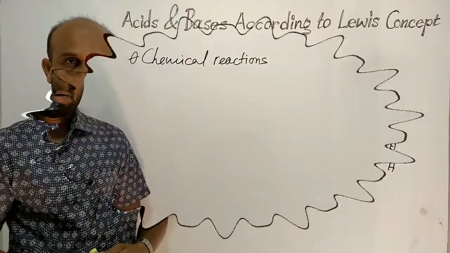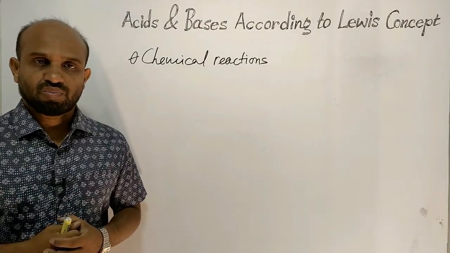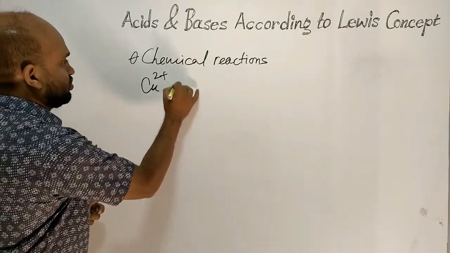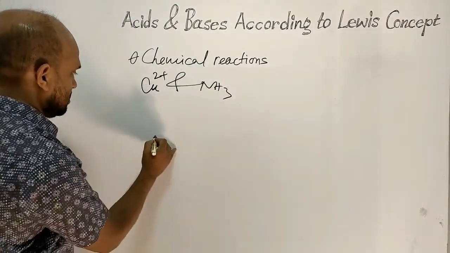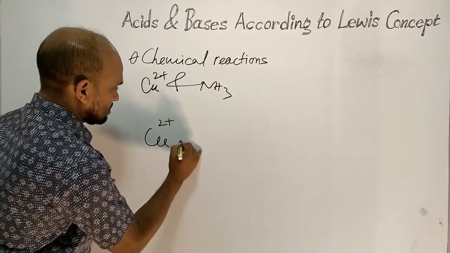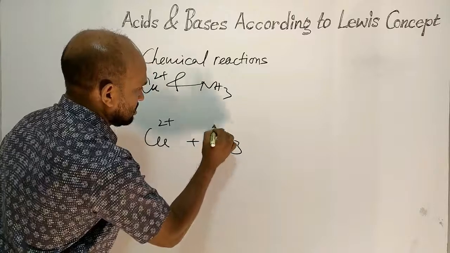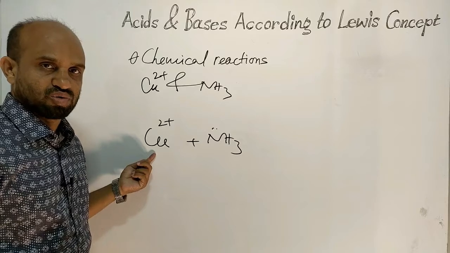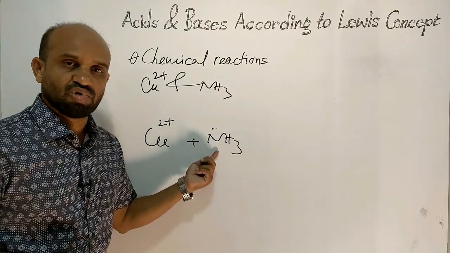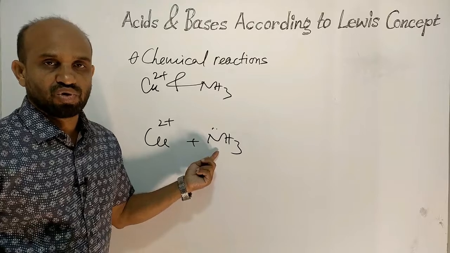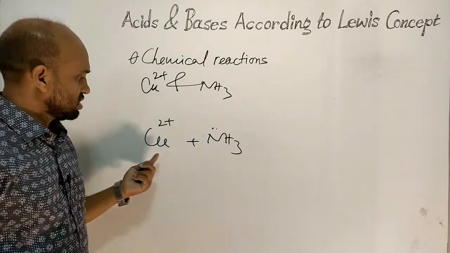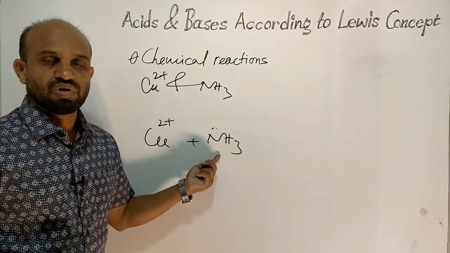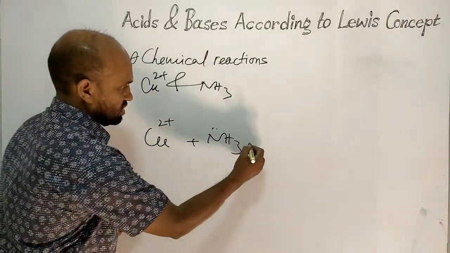Let's see another reaction. The reaction is between copper ion and ammonia. Copper 2 plus and ammonia. When copper 2 plus is added to ammonia, then ammonia forms coordinate covalent bond with copper 2 plus. That means 4 ammonia molecules form 4 coordinate covalent bonds with the copper 2 plus, giving 4 pairs of electrons from 4 ammonia molecules in this way.